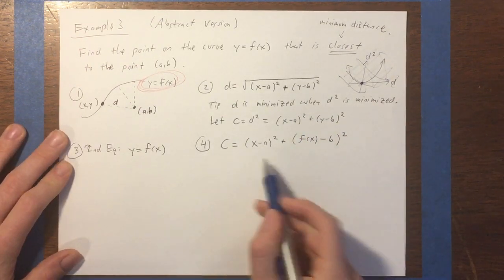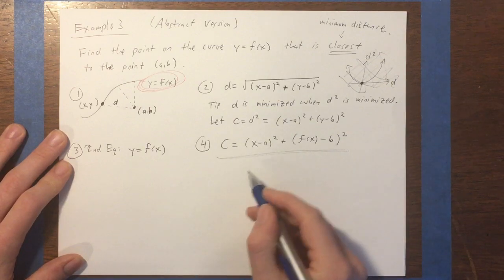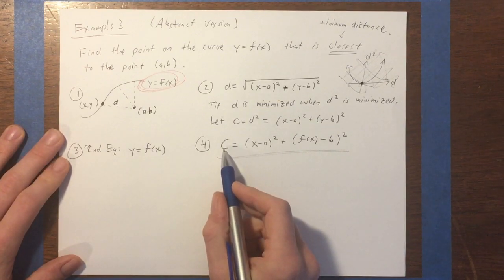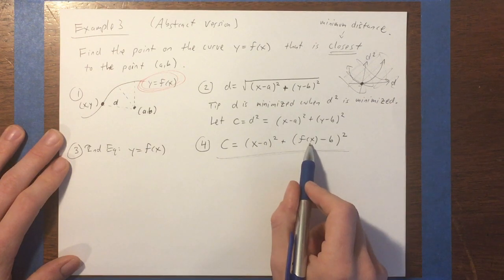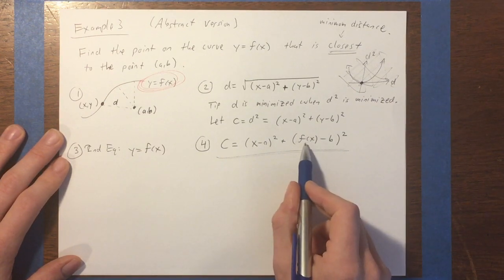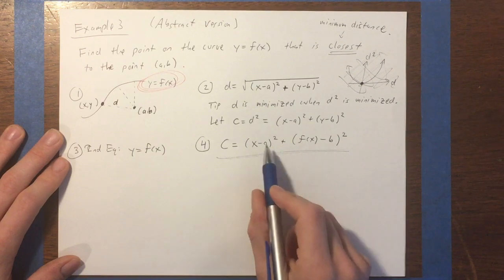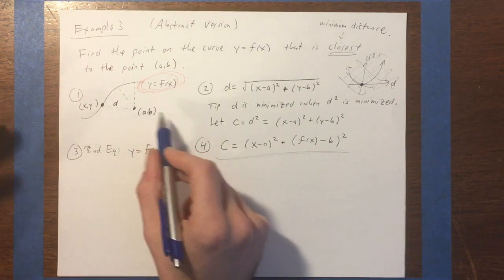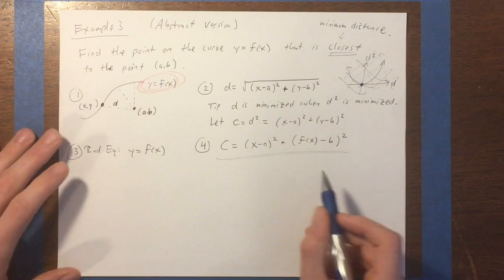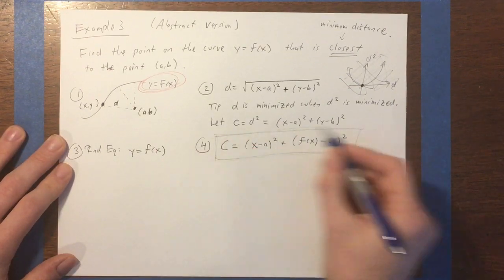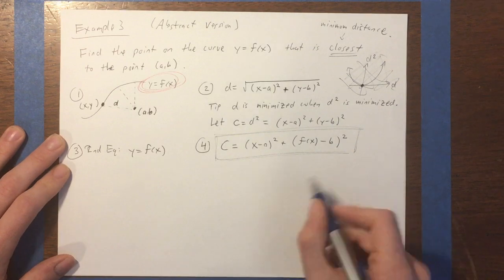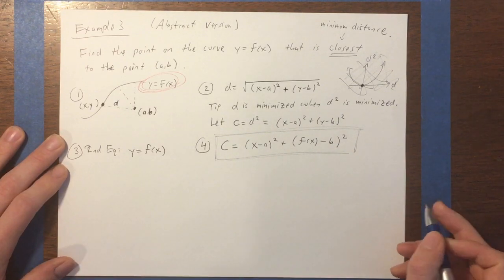And what you can see here now is that this gives us the C value as a function of x only, because here's x, and there's f of x, so this is now an expression of x. And then a and b are constants, right? a and b are some numbers, some coordinates that are given to you. So those aren't variables. So this is now the function you can work with, and you want to minimize that.